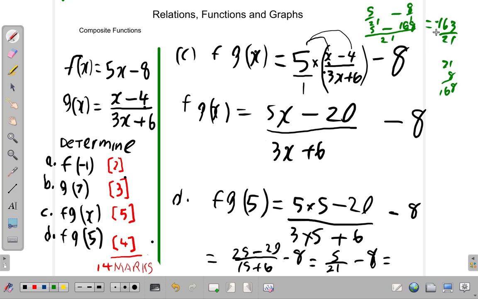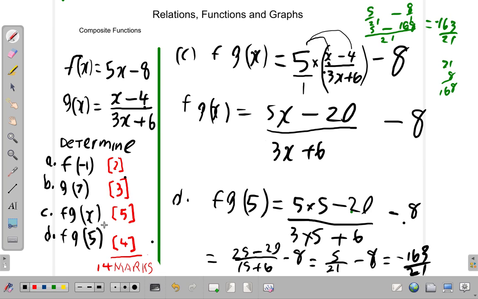Alright? So we have negative 163 over 21. Now, suppose you were not asked to calculate fg of x.